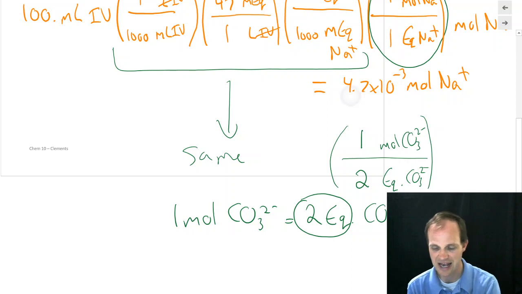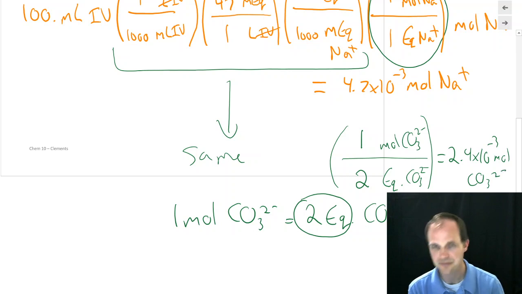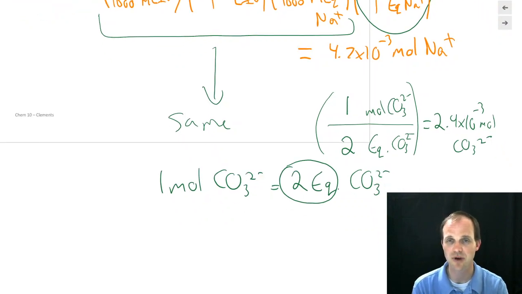And we essentially get half this number, or 2.4 times 10 to the minus third moles of carbonate. So that's how we do milliequivalence problems. Anything that I ask you to do on a quiz or test is very, very similar to what we've done here, starting with an IV volume and trying to figure out moles or grams of something at the end.